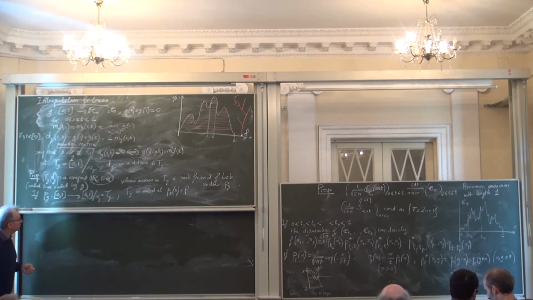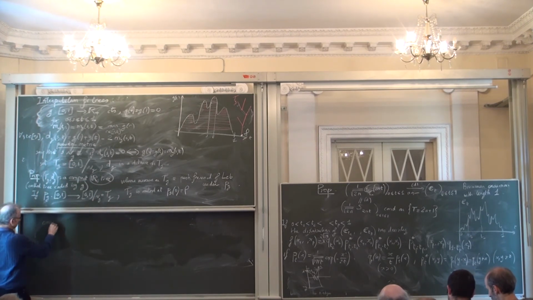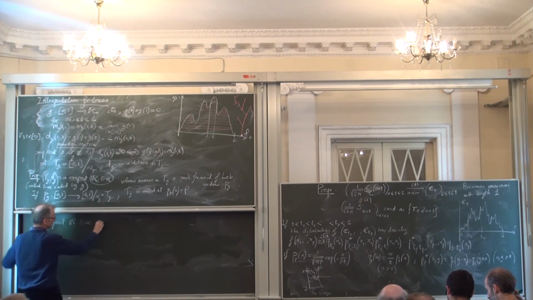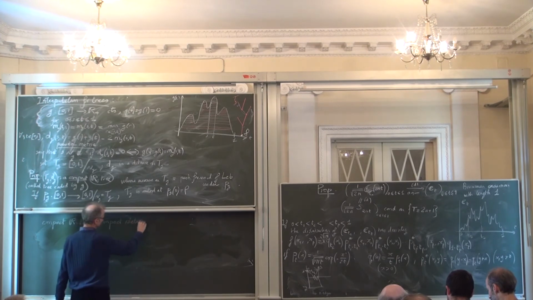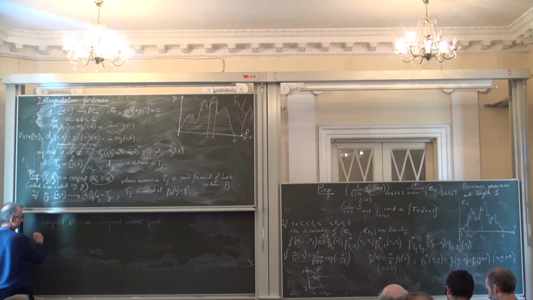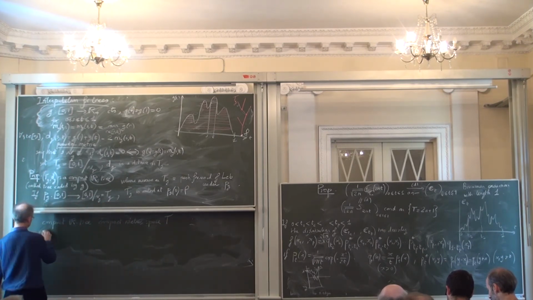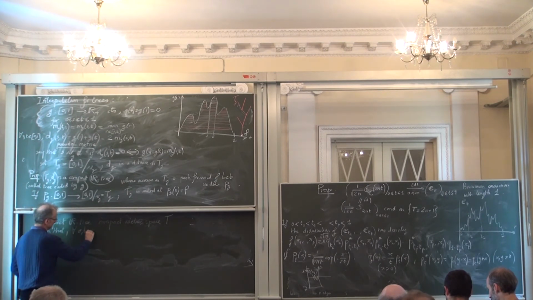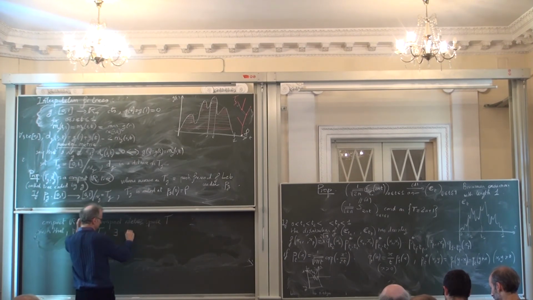So in fact, I will only consider the case of compact R-trees, but this could be more general. This is a compact metric space, let's call it T, such that for every A, B belonging to T, there exists a unique path.